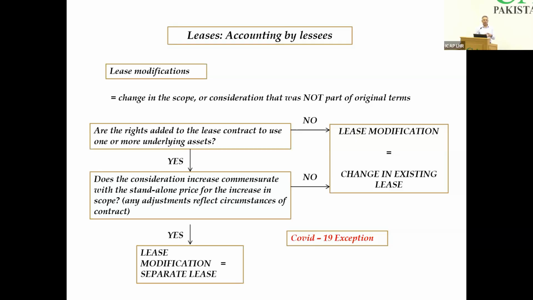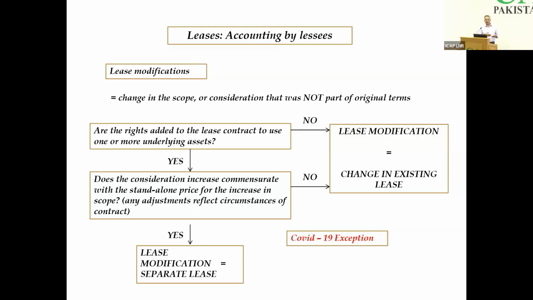If the answer to the first question is yes, but the standalone selling price is not being charged for the additional part of the asset, then it will also be part of the existing lease contract, and that will be accounted for as a lease modification in the existing lease contract.